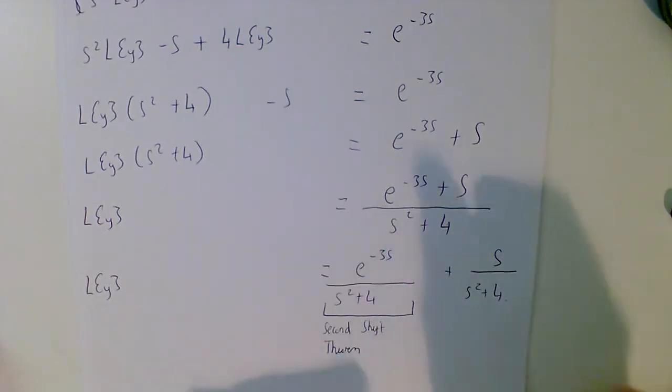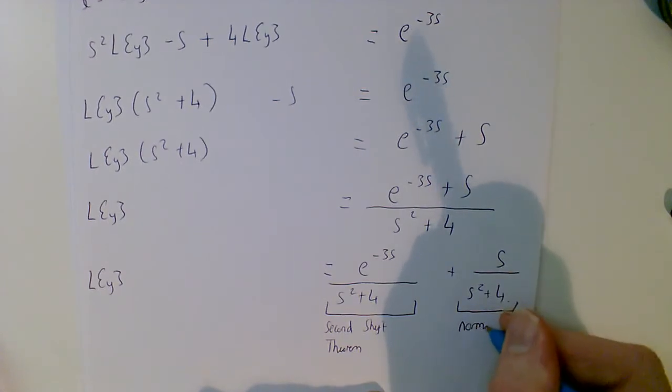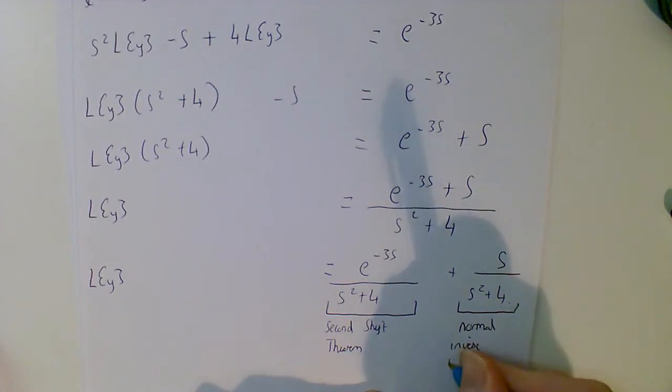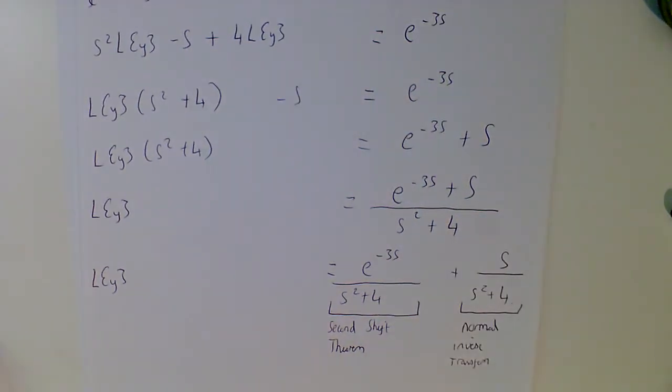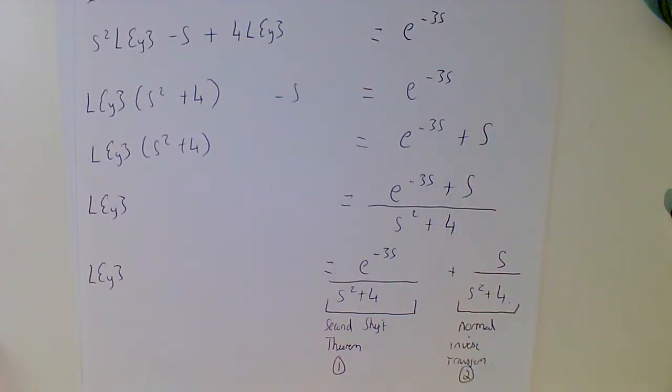And this one here, we're just going to see if we can do a normal inverse transform. So let's just call this bit 1 and this bit 2. Let's just transform them separately and see what happens.